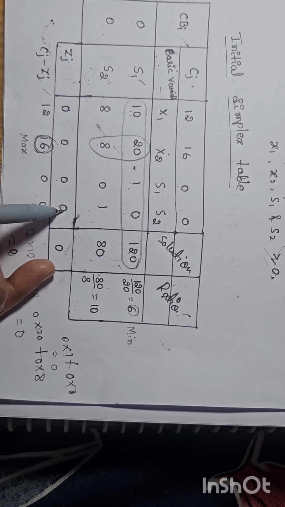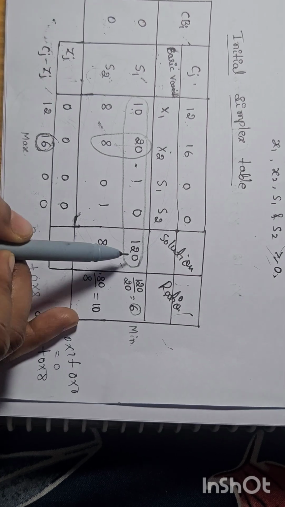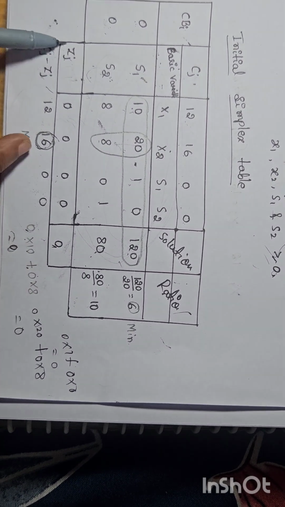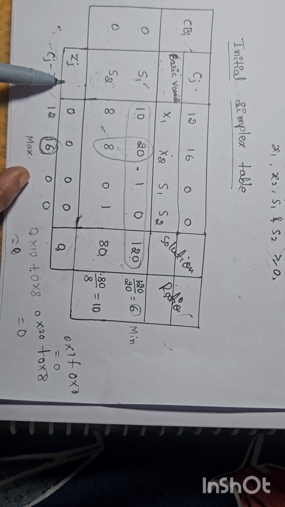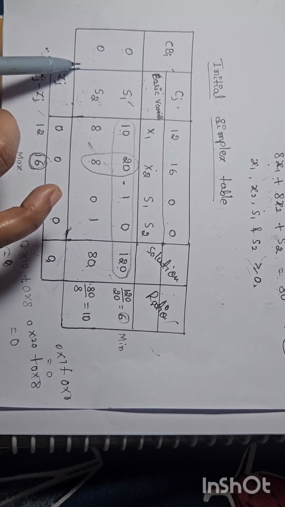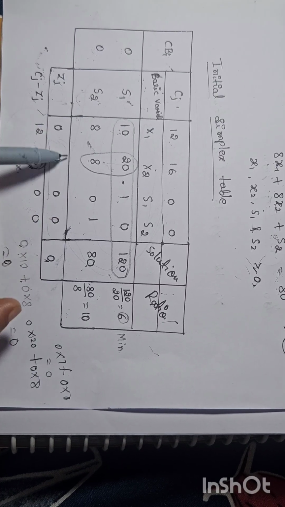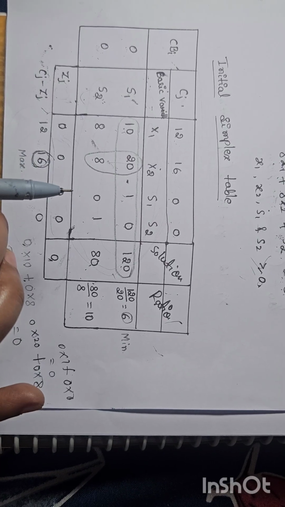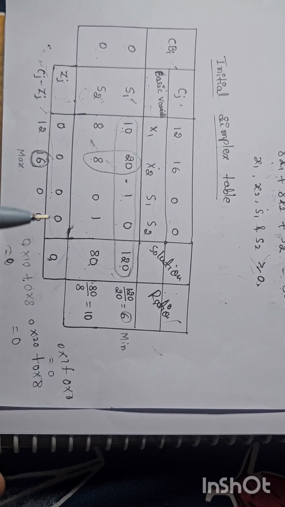Similarly, we need to find it for the solution also. 0 into 120 plus 0 into 80, 0 only. After finding the Zj value, since our CBi values are 0, all the Zj values will be 0 only, always in the initial simplex table.